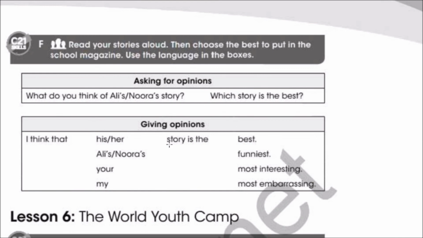When you give your opinion, you have to know these words. Giving opinions. I think that his, her story is the best, funniest, most interesting, most embarrassing. Now you can use these words to give an opinion about these stories. Make sure to give your opinion and show it to your teacher.